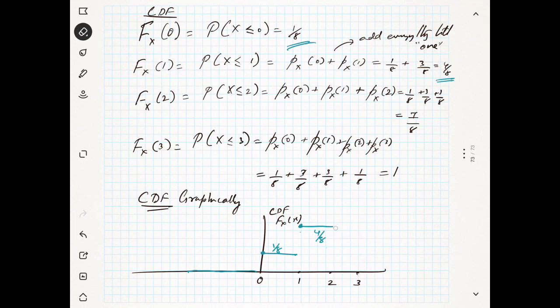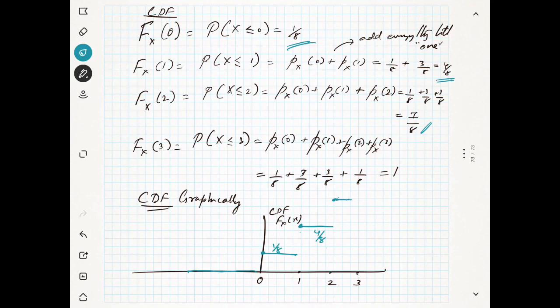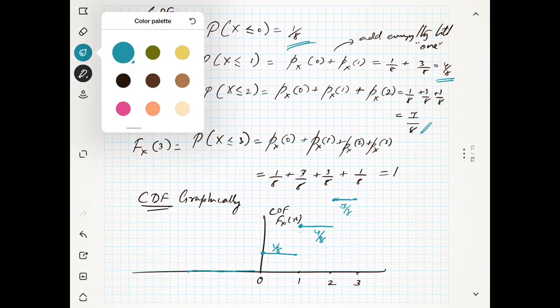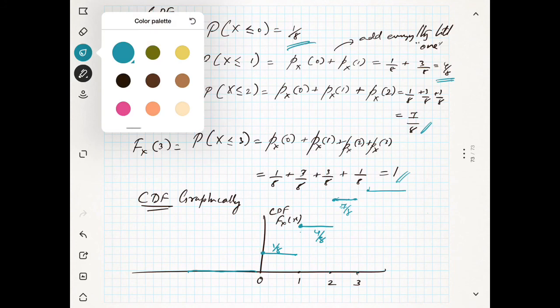This will continue only till 2. When I reach 2, I have the value 7 by 8, and this is 7 by 8. When I reach the value 3, you can see it becomes 1.